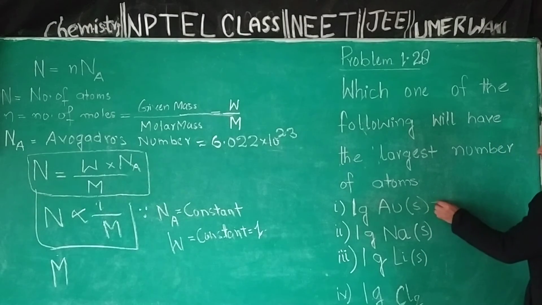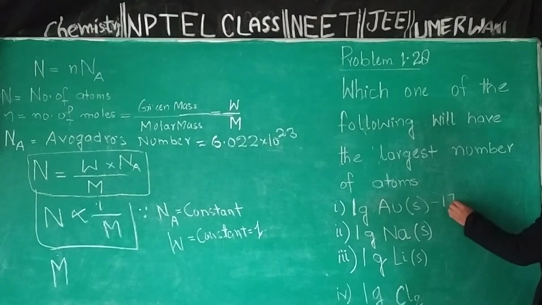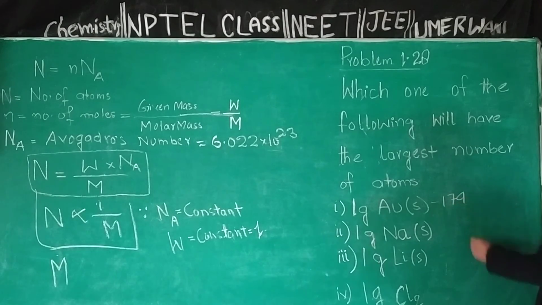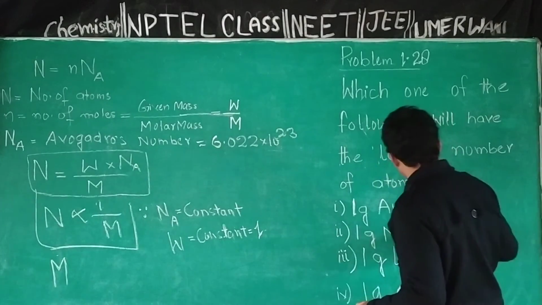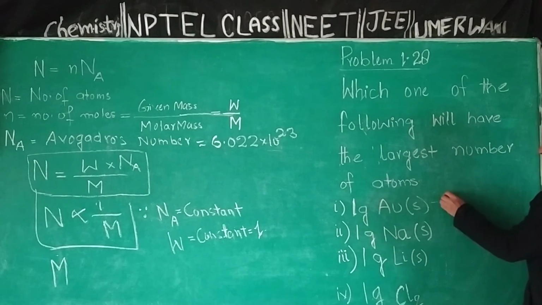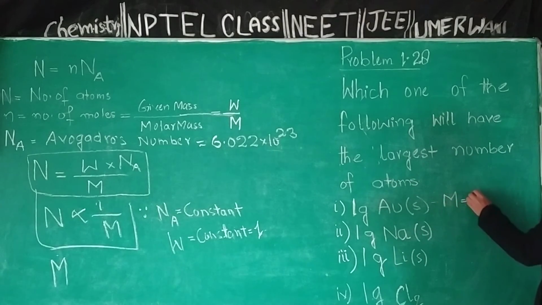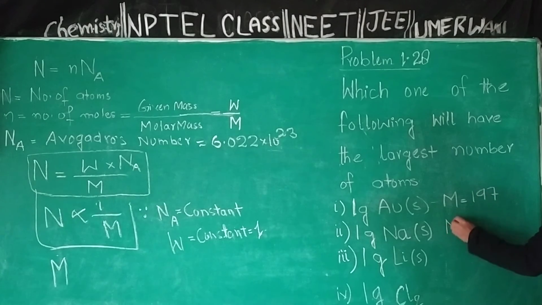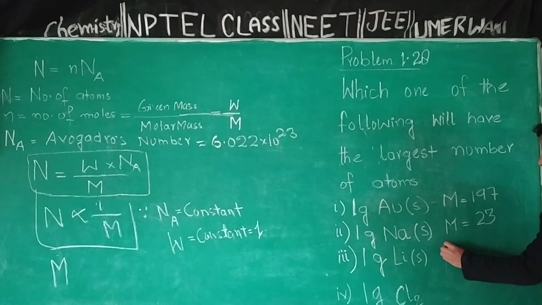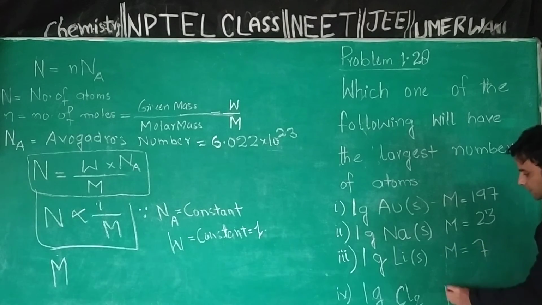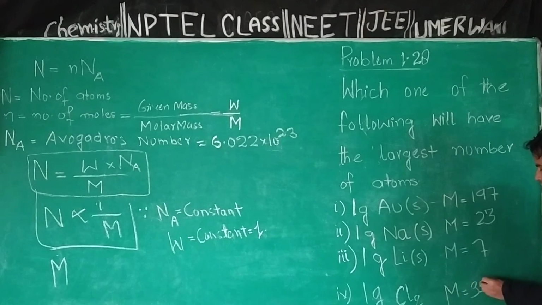For gold, molar mass is 197. For sodium molar mass is 23. For lithium molar mass is 7, and for chlorine molar mass is 35.5.